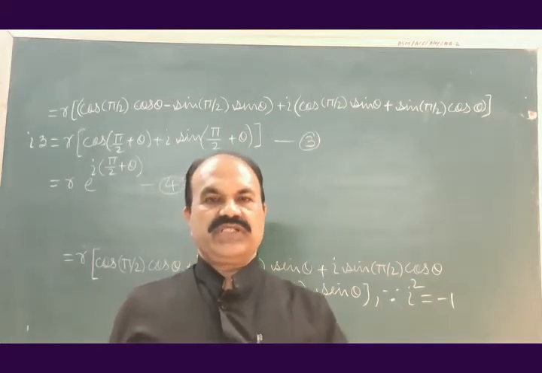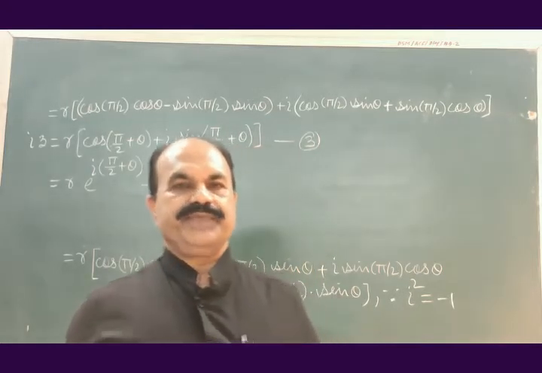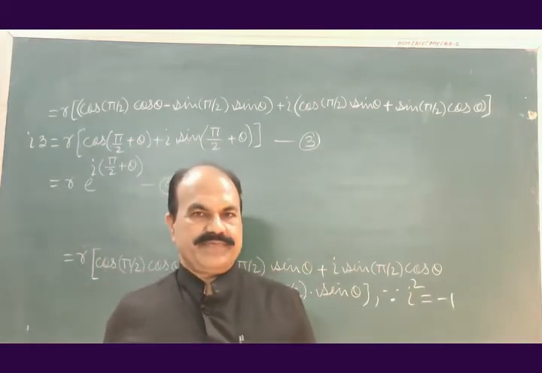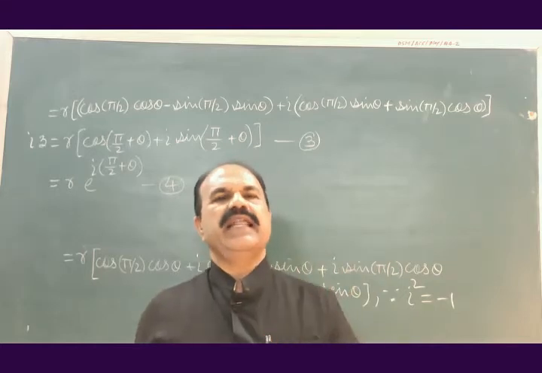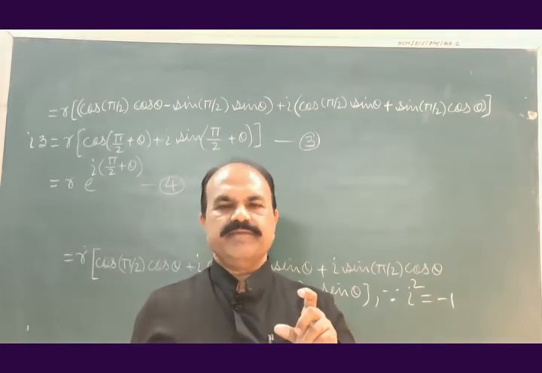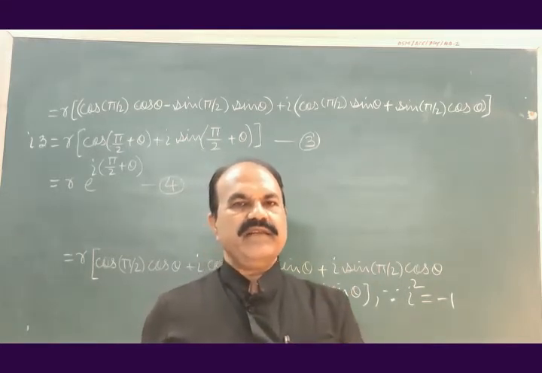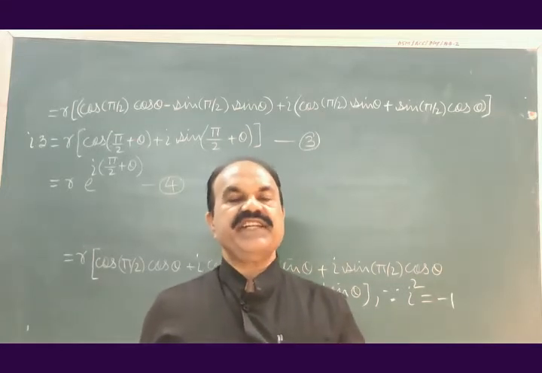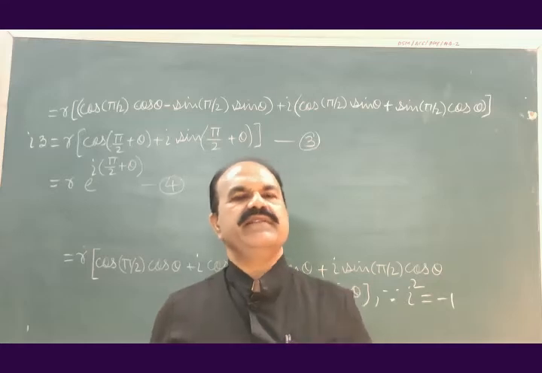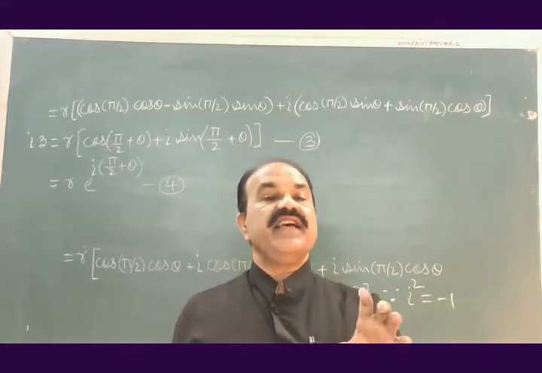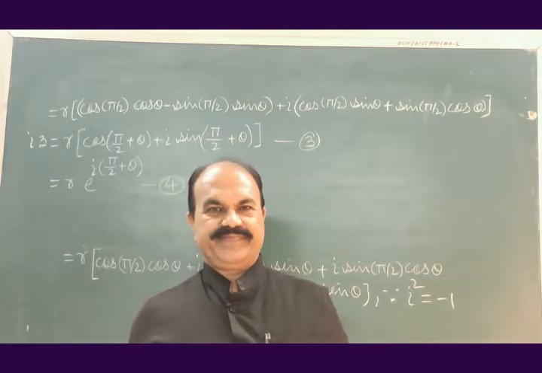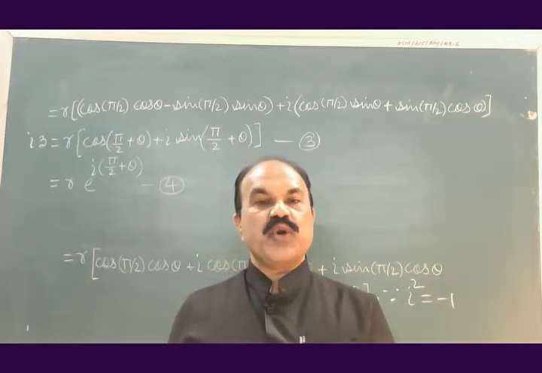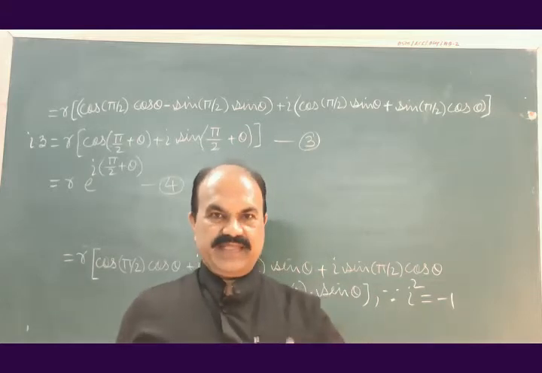Hope you got it. And what next is properties of moduli of complex numbers. Now 3 articles are left. The first article has 4 subarticles, the next one has 2 subarticles, and the last one has 5 subarticles. Next article is properties of moduli of complex numbers.